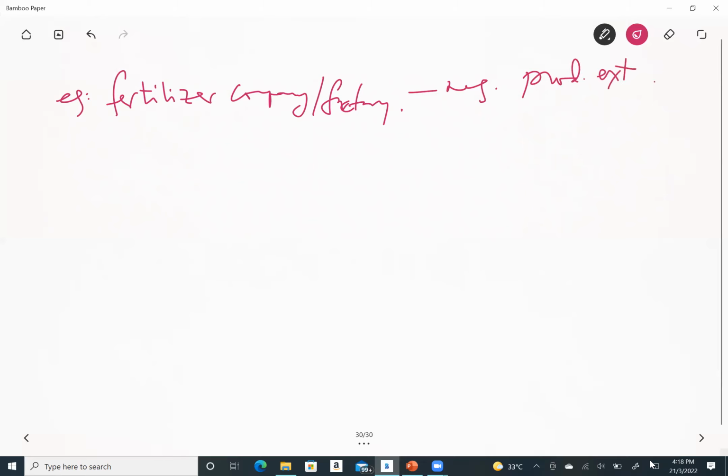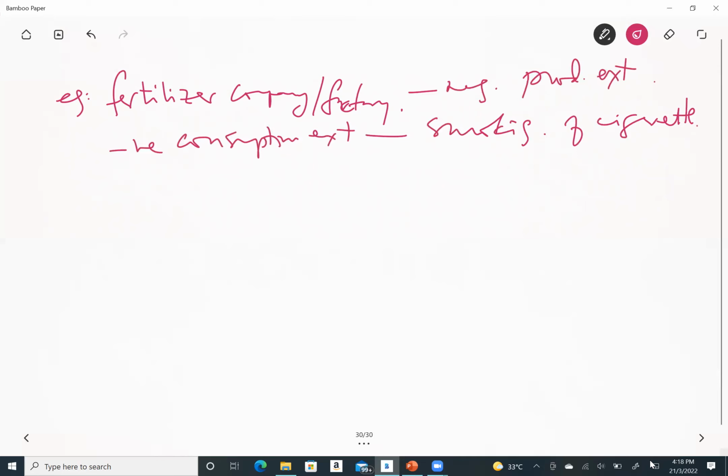And another example is the negative consumption externality. This is smoking, the smoking of cigarettes. Now we start with something very simple, smoking cigarettes. If your friend smokes cigarettes and it is affecting you, under voluntary action, what does he do?